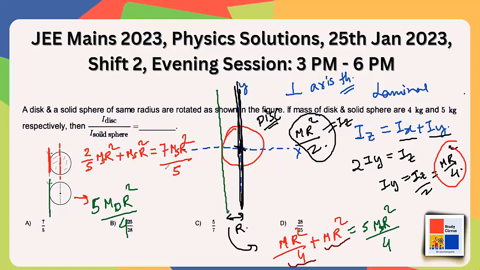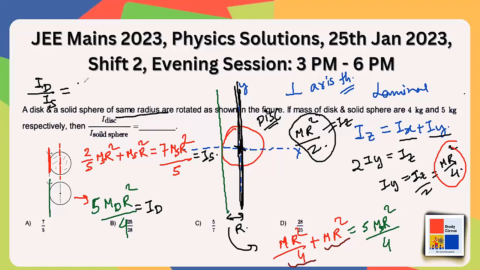So we have to find the ratio of the I of the disk and the I of the solid sphere. The ratio Id upon Is is going to be, since they have the same radius, r square will cancel out.